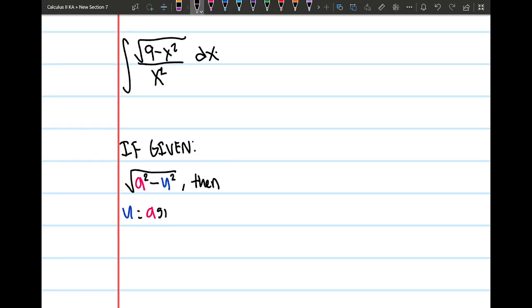So this is a rule that we use for trigonometric substitution.